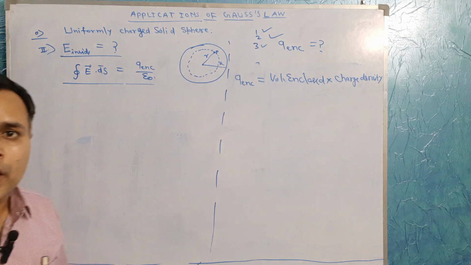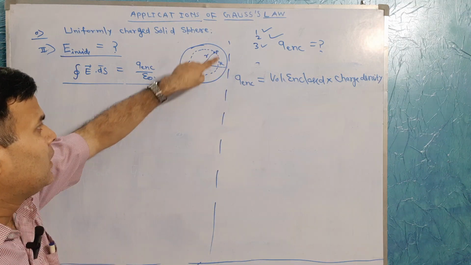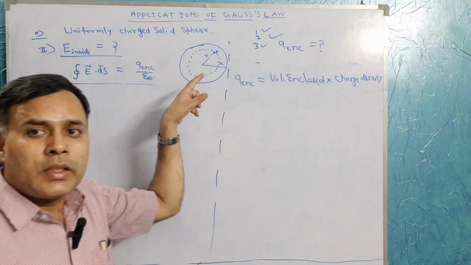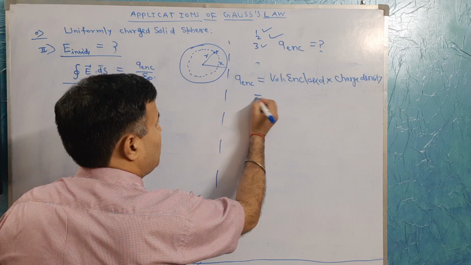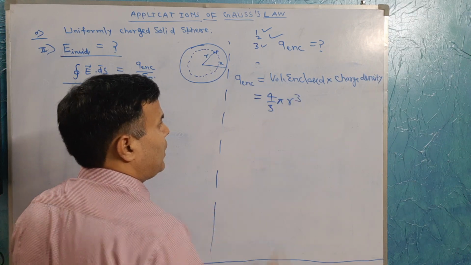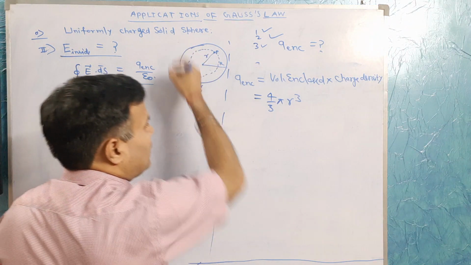What is the volume enclosed in this surface? This is a sphere. If the radius is small r, then in this case the volume enclosed is 4/3 pi r cube. And what is the charge density? Let's say the charge density is rho in this case.